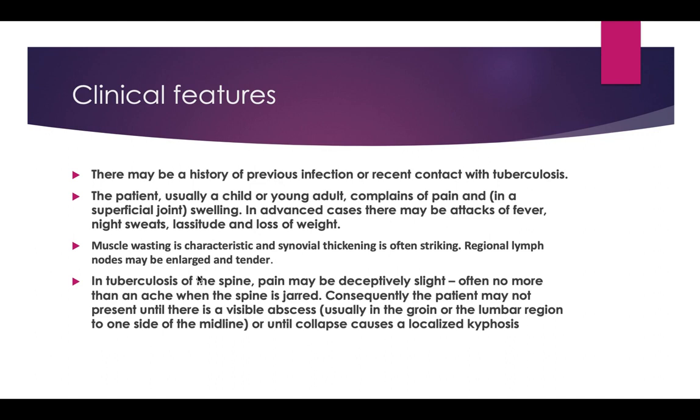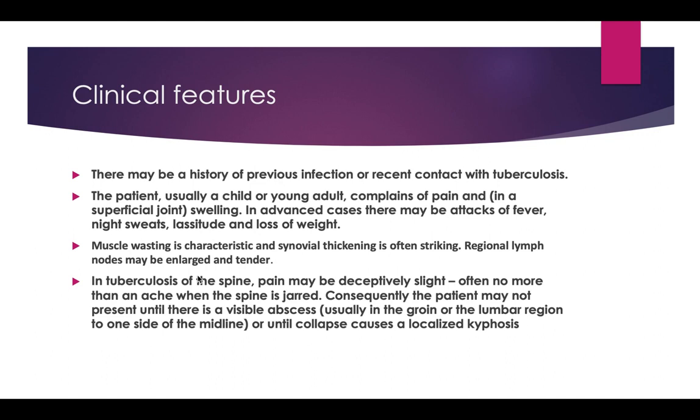The patient, usually a child or young adult, complains of pain and a swelling in a superficial joint. The swelling, as I told you, is sometimes without marked hotness, which is why they call it cold abscess. In advanced cases there may be attacks of fever, night sweats, lassitude, loss of weight or appetite.